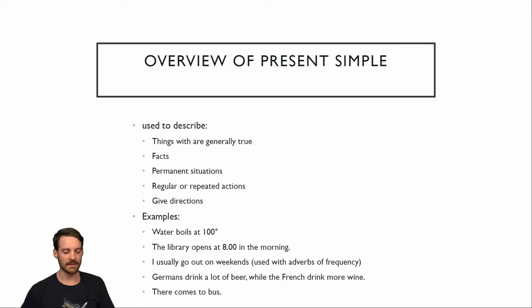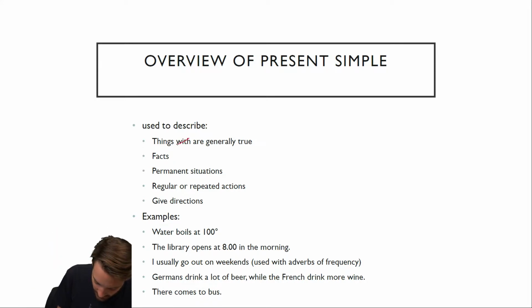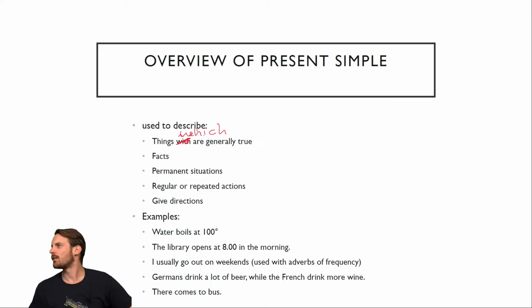So present simple is used to describe things which, it should be which, not with. So things, I hope I can write it. I forgot. Something is missing. Thank you, Maria. Which are generally true.